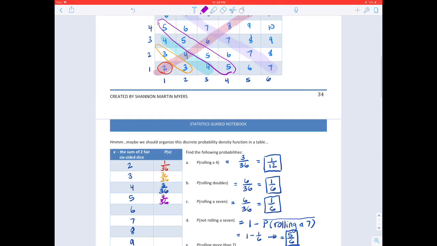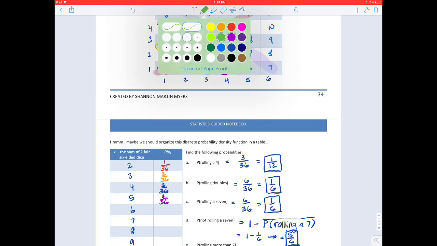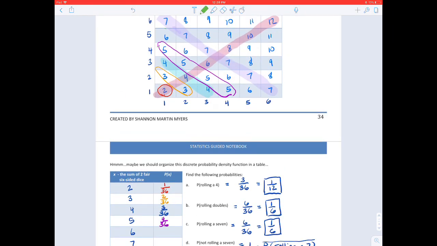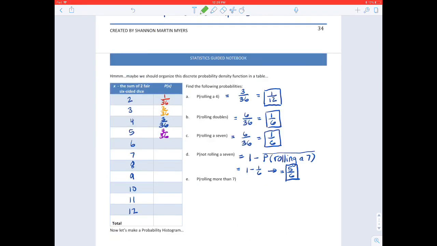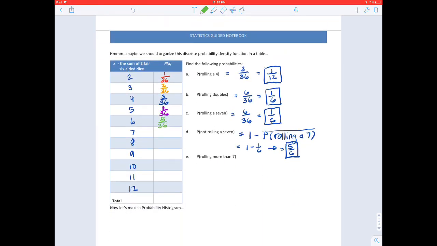And then the probability of rolling a 6. Let's see what we get. That was 5 out of 36. And 7s we already found, remember, and that was 6 out of 36.